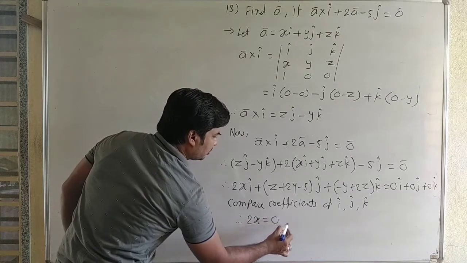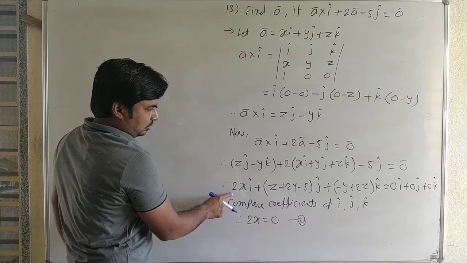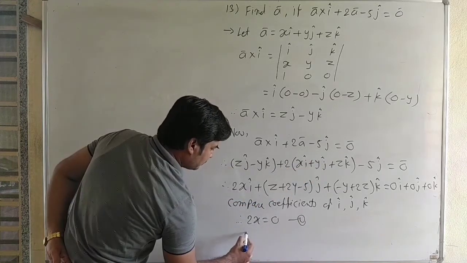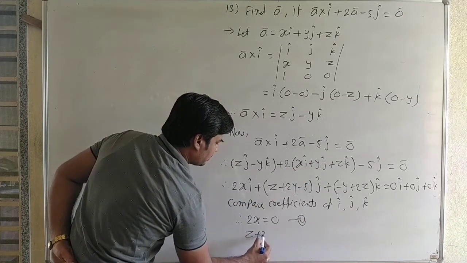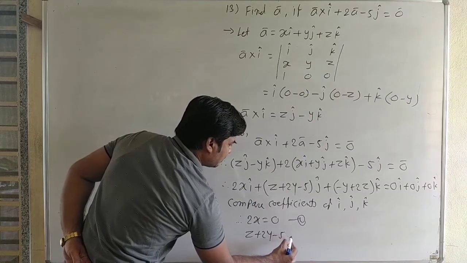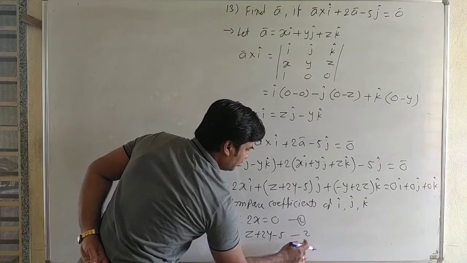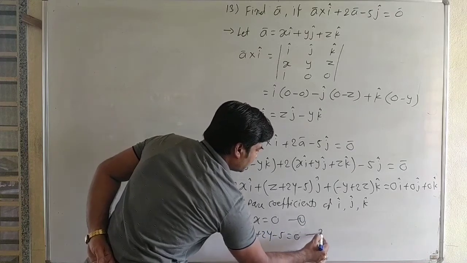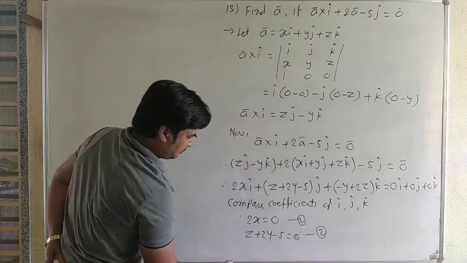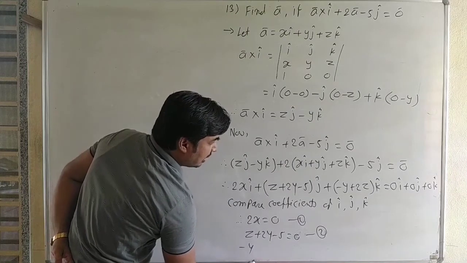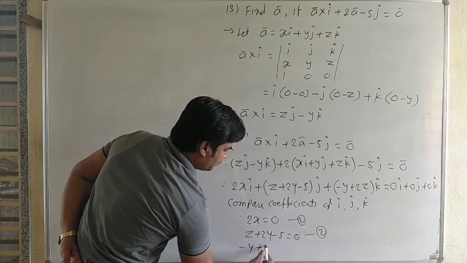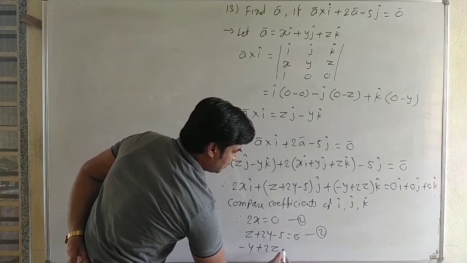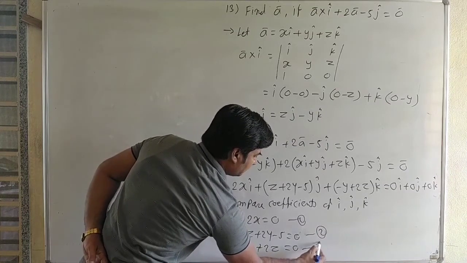Now therefore you can write 2x is equal to 0, it is equation number 1. Z plus 2y minus 5 equal to 0, it is equation number 2. And last, minus y plus 2z is equal to 0, it is equation number 3.